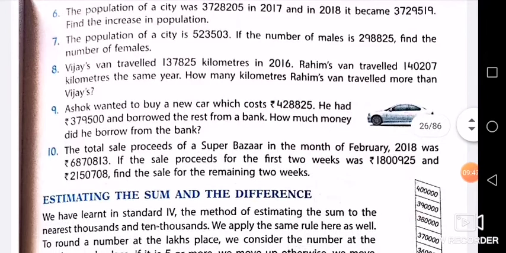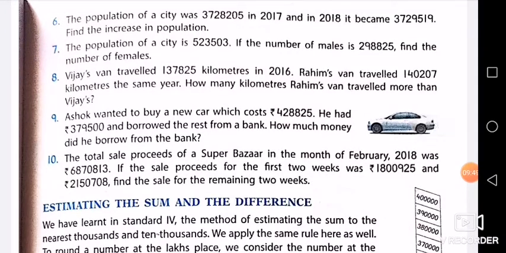Now question number 6 is, the population of a city was 37,28,205 in 2017, and in 2018 it became 37,29,519. Find the increase in population.